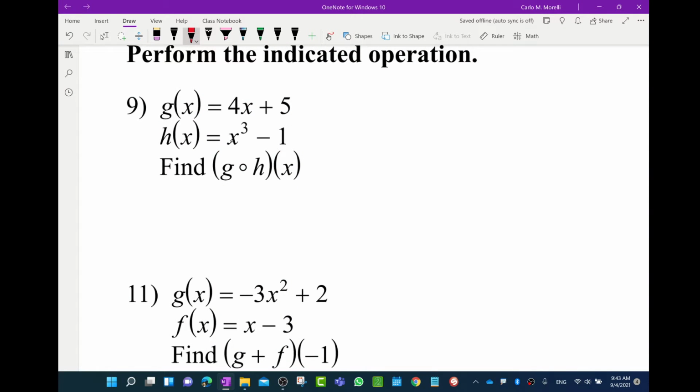So what we're going to write down as our answer is the composition of functions g and h of x is equal to 4x cubed plus 1.